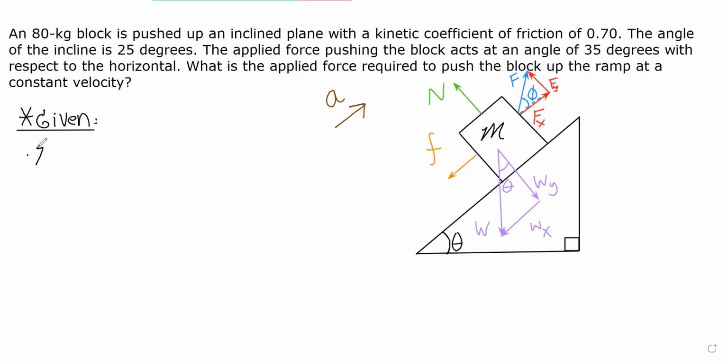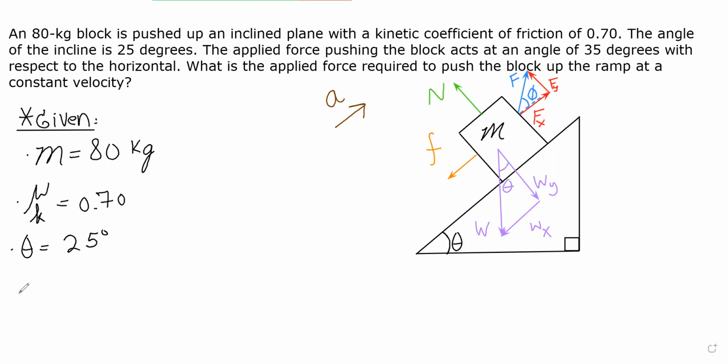So finally, you do have the mass, which is the 80 kilograms. The Greek letter mu with a little subscript k represents the kinetic coefficient of friction. We labeled the angle of the ramp theta, that's at 25 degrees.